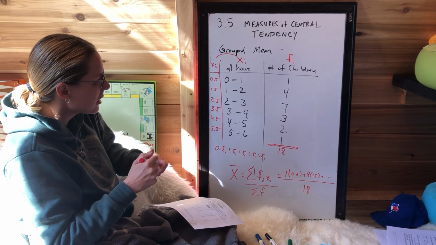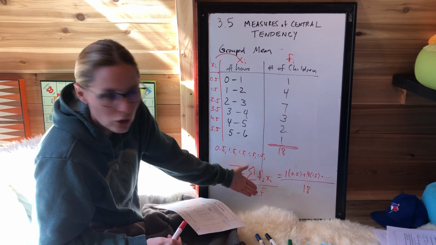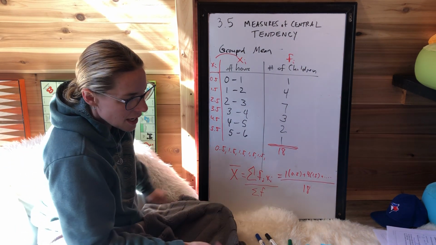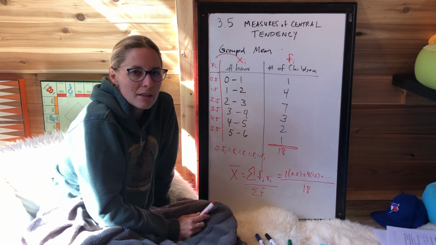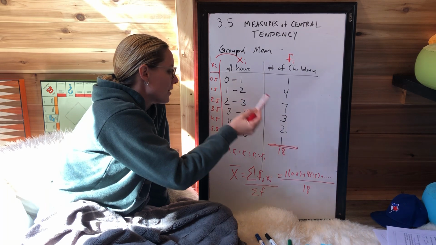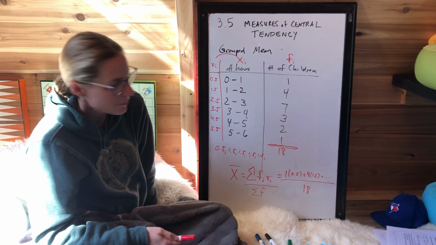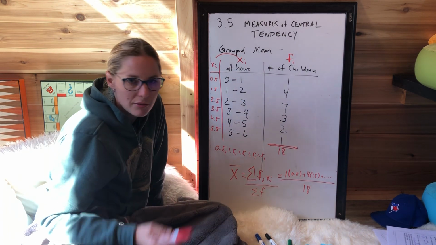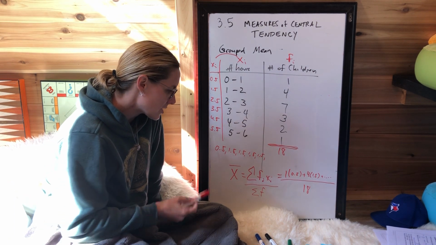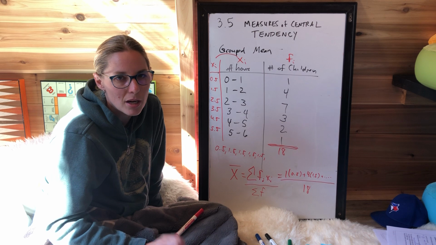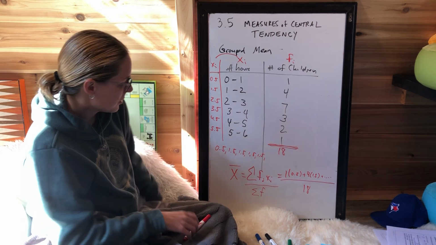Okay, so no different, but a little different look at the formula. I would say this is a very easy concept that becomes muddled by the fact that the formulas look a little bit ugly. You really have to wrap your mind around this sigma symbol because you're going to see it appear more than once in this course. Okay, so it just stands for the sum of. Add everything up, no matter what it says.